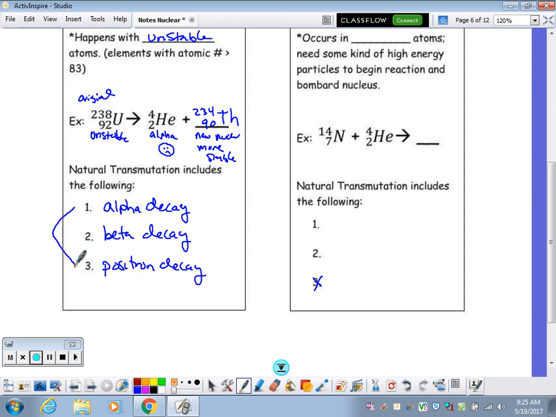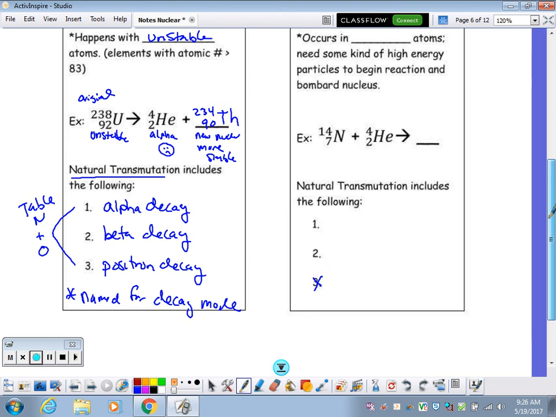And for all of these, this is one of the places that you need to use Table N. Notice the natural transmutations are named for the decay mode. Once again, you don't need to memorize these because you can find them on Table N, and you can also find the names alpha, beta, and positron on Table O.